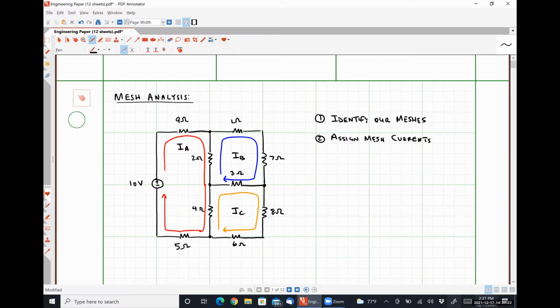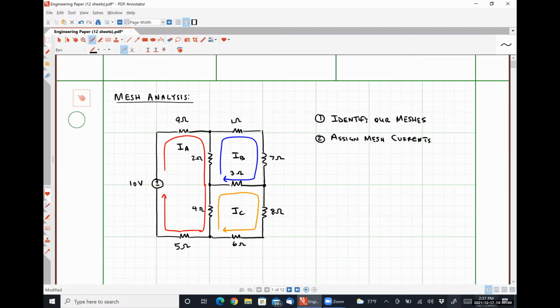I would argue that if you want to mix things up, you're perfectly within your right to do it. There's nothing mathematically wrong about it. But the algebra that's going to get involved is going to be very confusing or potentially very confusing. So I would suggest sticking to having all of your currents flow in a single direction, whether that be clockwise around their meshes or counterclockwise around their meshes.